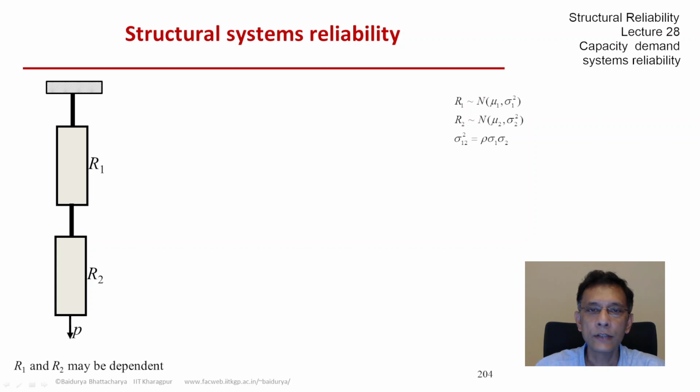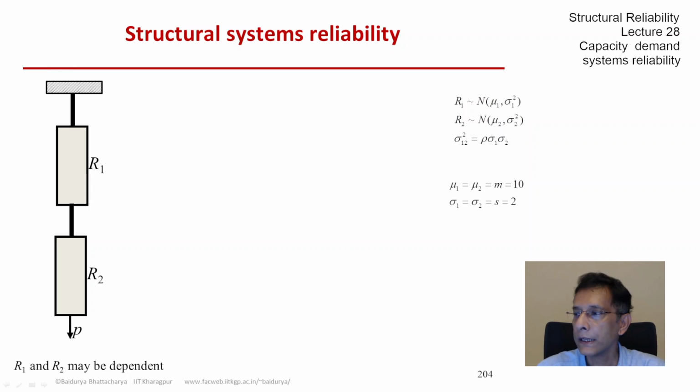So that's what we have done here. Mu1 is the mean of R1, mu2 is the mean of R2, sigma 1 squared and sigma 2 squared are the respective variances, and rho is the correlation coefficient.